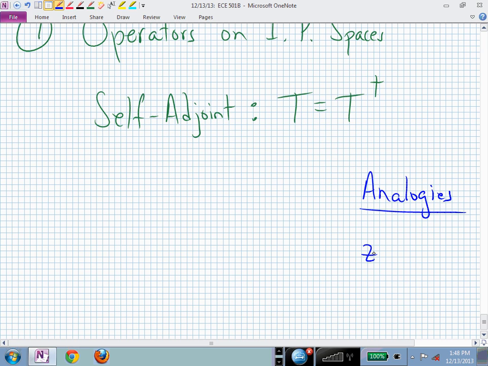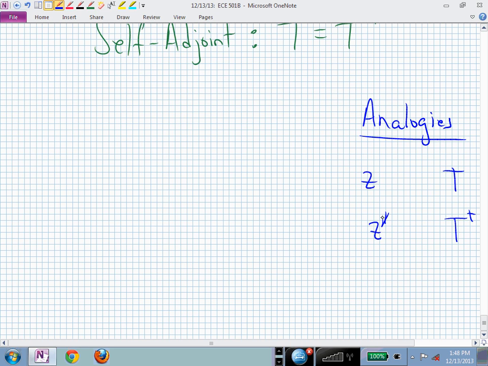But if we view the analogy that we have a complex number corresponding to a linear map T, now if we have a self-adjoint operator, or maybe I should say the adjoint is similar to the complex conjugate, and once we have the fact that Z is actually real, that says now that we have a self-adjoint operator.